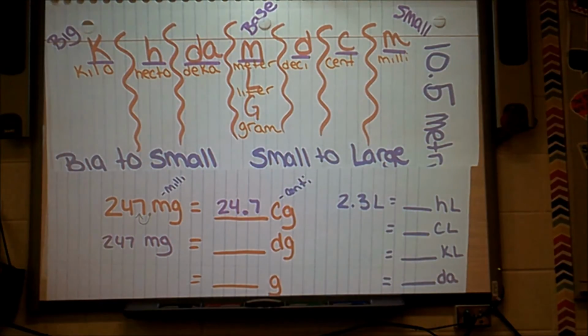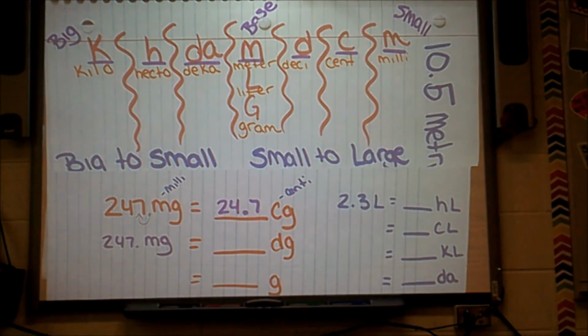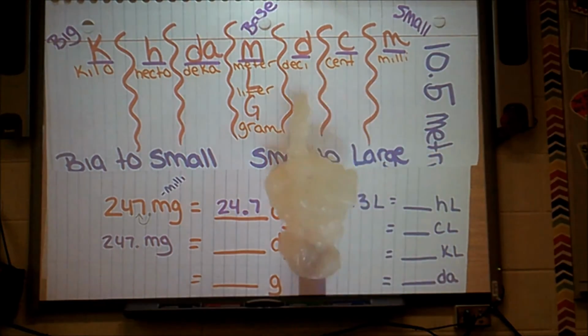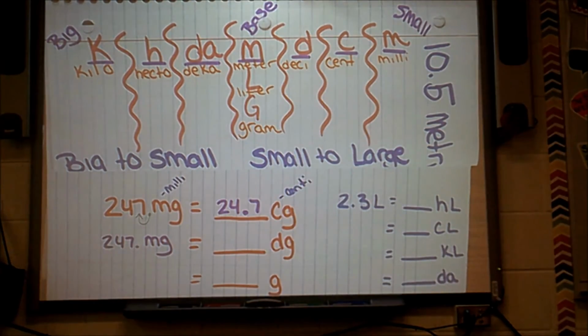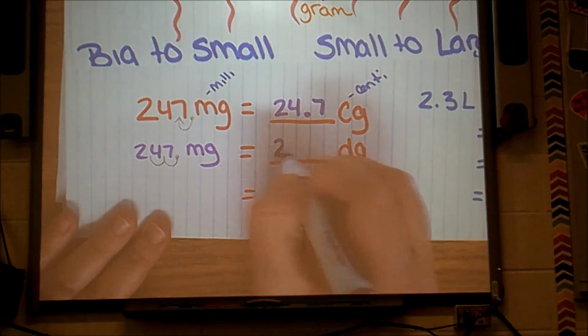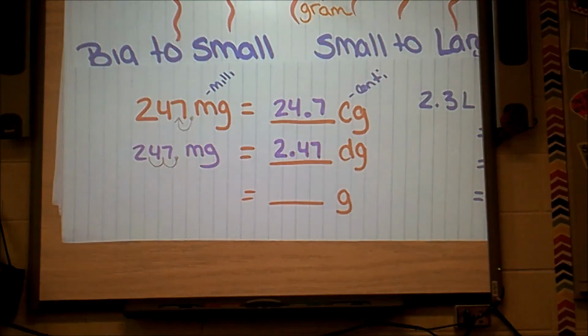I need to bump my decimal 2 place values, but in which direction? What direction did my hand move to go from my milligram to my decigram? Absolutely, I move it left. 2 place values. 1, 2. 247 milligrams is equal to 2 47/100 decigrams.